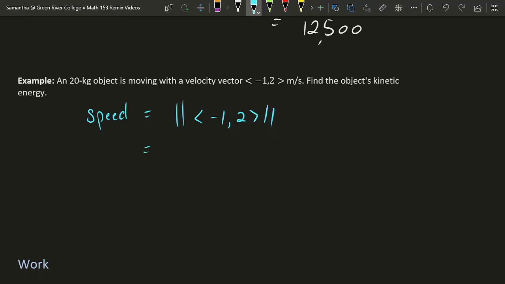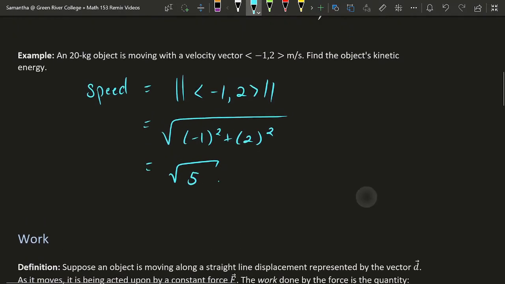So if I use the formula that tells me the magnitude of a vector, I find that the speed corresponding to this velocity is √5 units. Therefore, the kinetic energy would be given by 1/2 times the mass times the speed squared. And as a result, that looks like it'll be equal to 25 units.